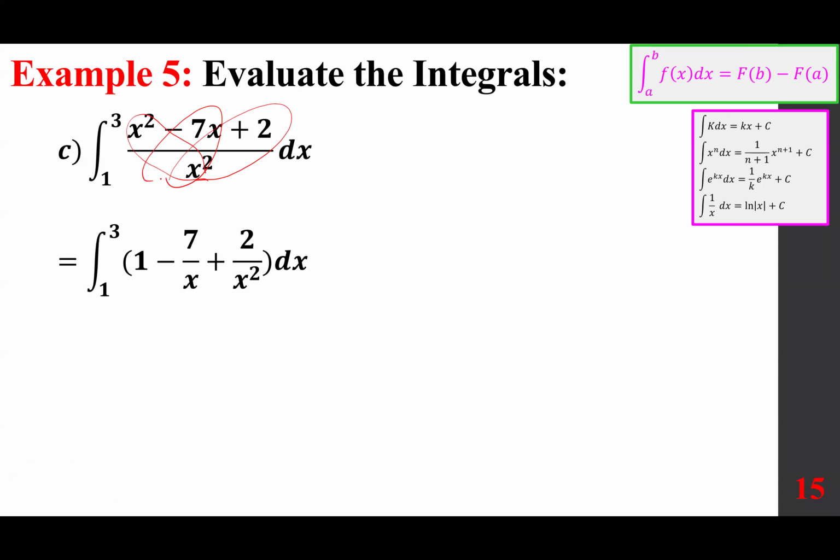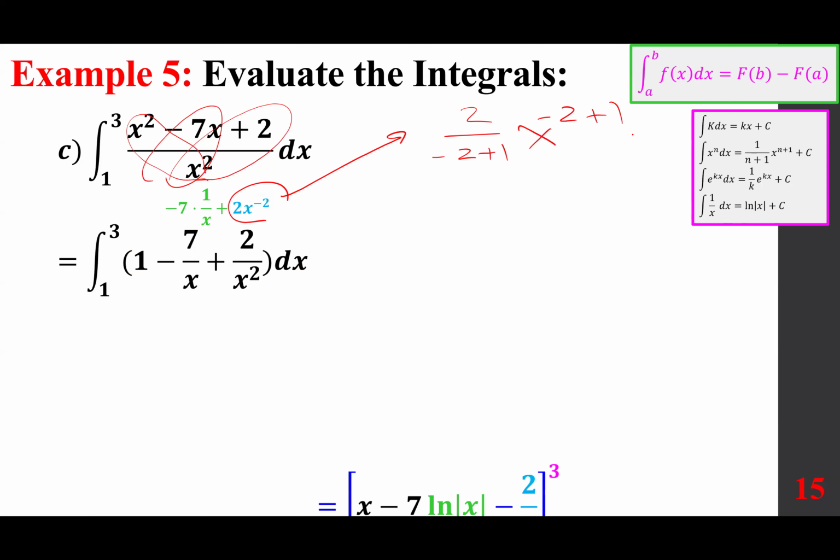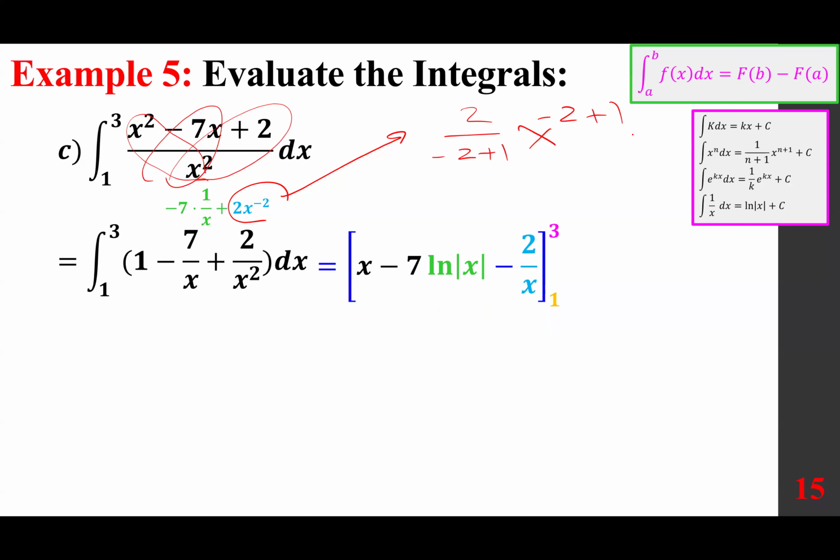So we rewrite 7 over x as 7 times 1 over x with the sign minus 7, and 2 over x squared as 2 times x to the power of minus 2. Since this is dx, this gives you x, this gives you minus 7 ln x, and this one, using the power rule, again, I'm going to remind you how I did that before. So 2 over negative 2 plus 1, x to the power of negative 2 plus 1, which simplifies to negative 2 over x, and evaluate it from 1 to 3.